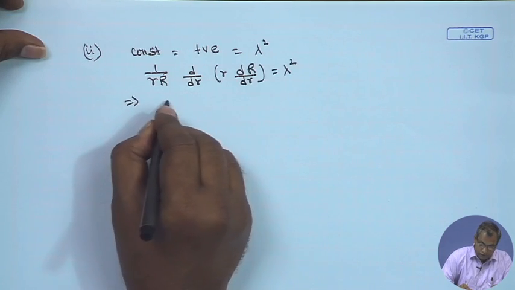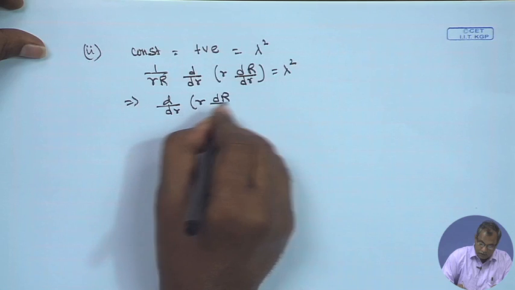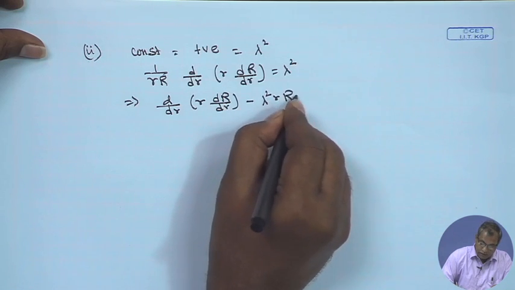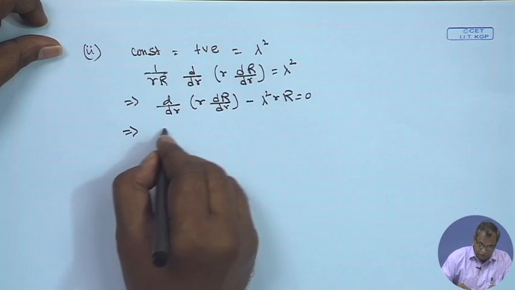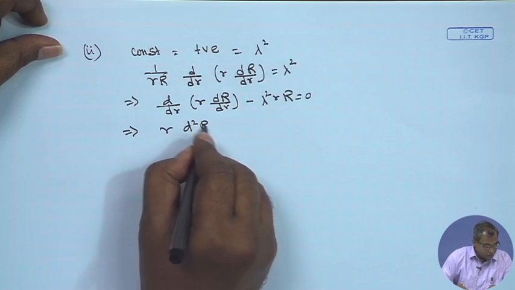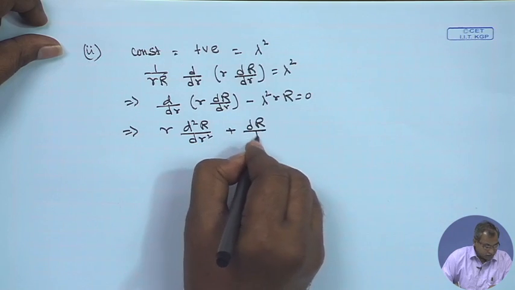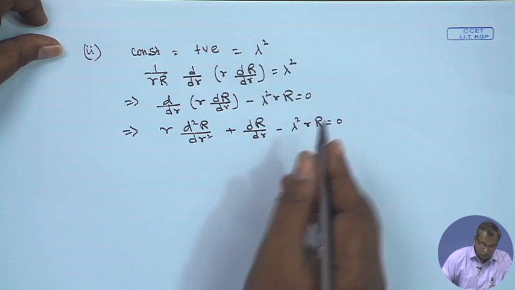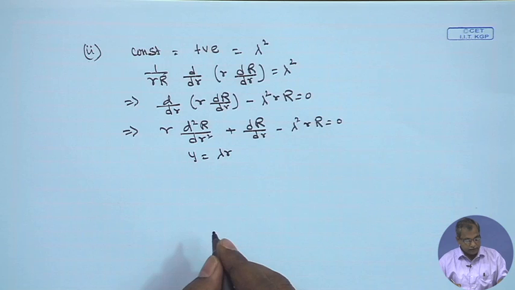So we have d dr of r dR dr minus lambda square r R is equal to 0. If you open this up, it becomes r squared d square R dr square plus r dR dr minus lambda square r squared R is equal to 0. Now, we substitute y is equal to lambda r and see what we get.